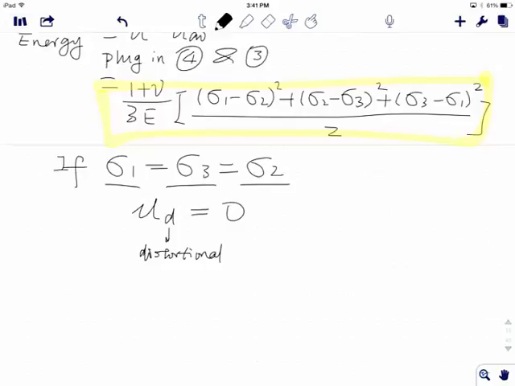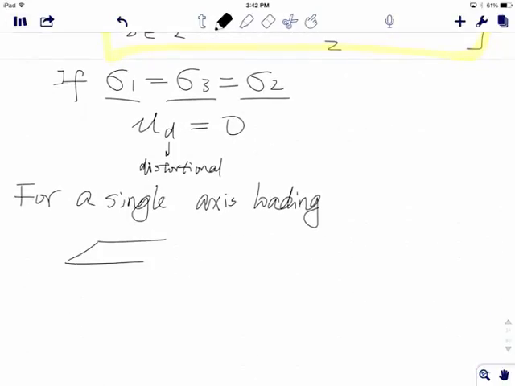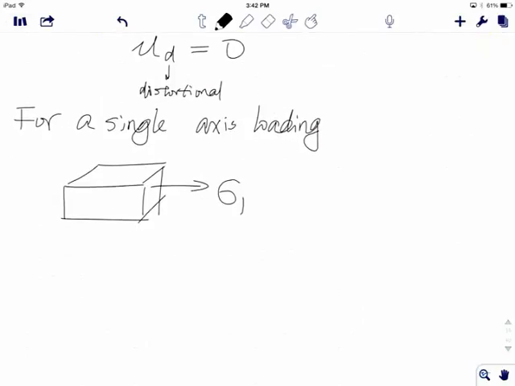Now, let's look at one extreme case as well. What if we have only one axis loading? A single axis loading. For example, all you have is one direction, and all the others are 0. It's a very extreme case. Of course we know when you have a one-dimensional loading, it's the same as tensile loading, right?